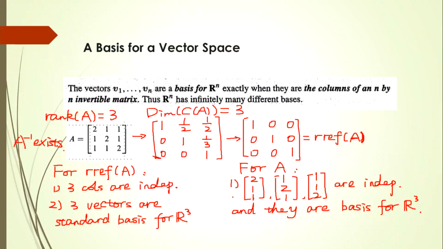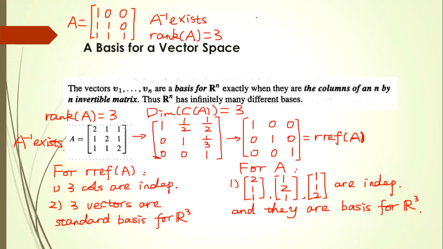Now let me continue here. Another matrix in the previous slide is this matrix A, 1, 1, 1, 0, 1, 1, 0, 0, 1. This is also a 3 by 3 matrix. A inverse exists, which means the rank is 3.